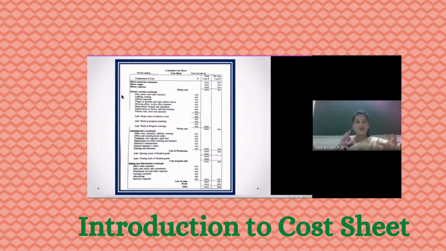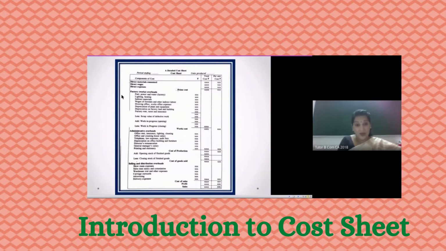So I'll just give you a summary of what we have been discussing. Today we introduced the concept of cost sheet. A cost sheet is a statement prepared to find out the total cost associated with a product center, production center, cost center, or cost unit, or the total cost associated with the production or rendering of a service. A cost sheet mainly has four parts. It talks about prime cost.